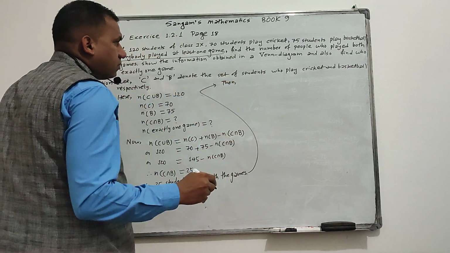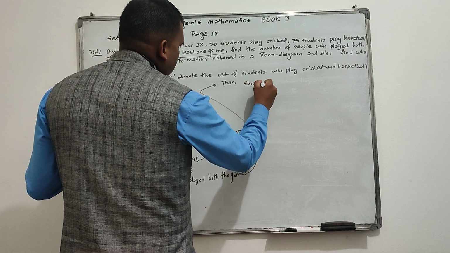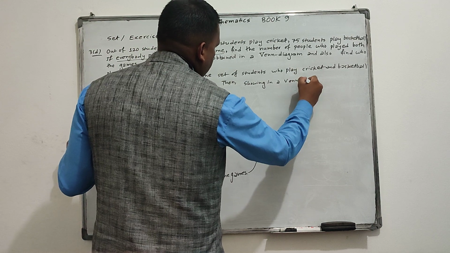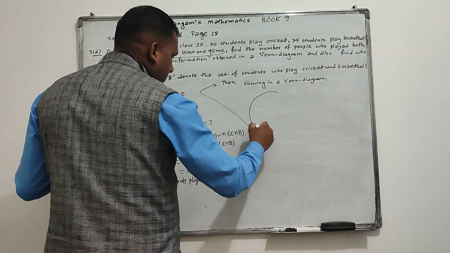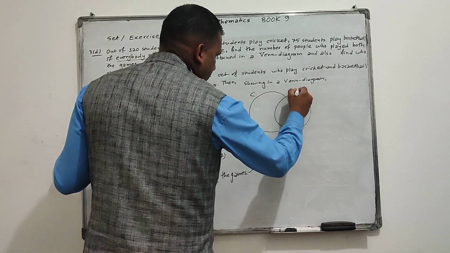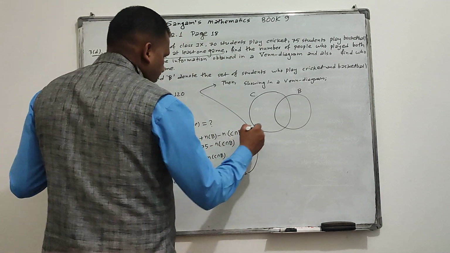Then showing in the Venn diagram, cricket C, basketball B. Like both, that is 25.